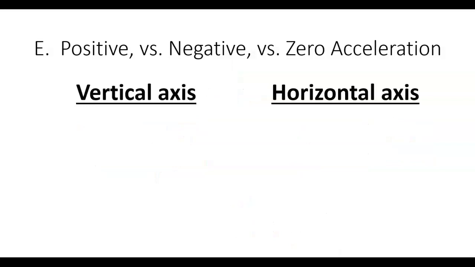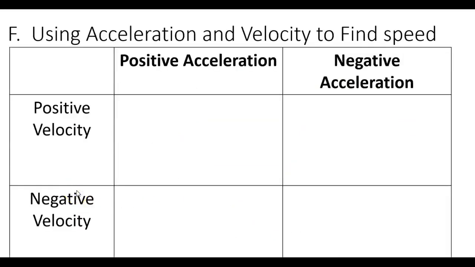Okay? So that brings us to a point where we're going to make some conclusions now. You can combine the velocity of an object with the acceleration of an object to determine whether it's slowing down or speeding up. Okay? A positive velocity, remember, that means we're moving either up or to the right, depending on what kind of an axis we're on.